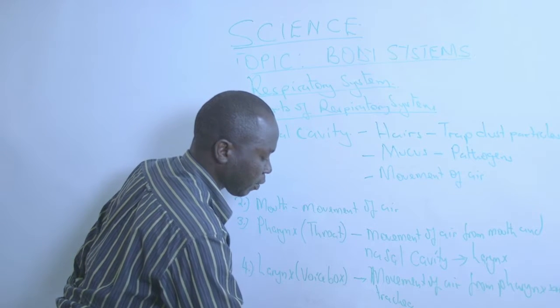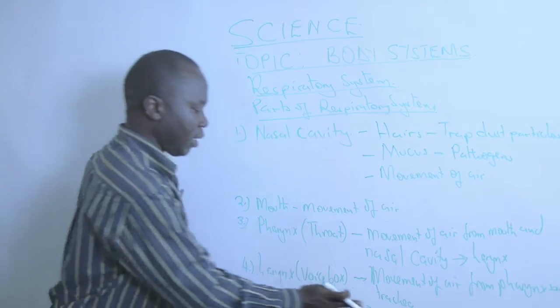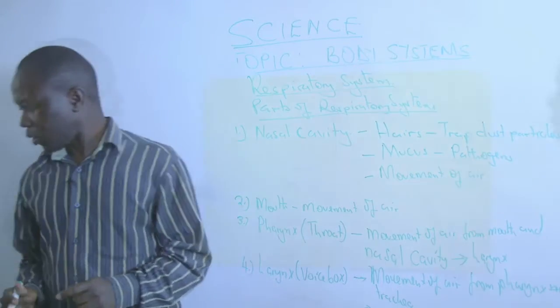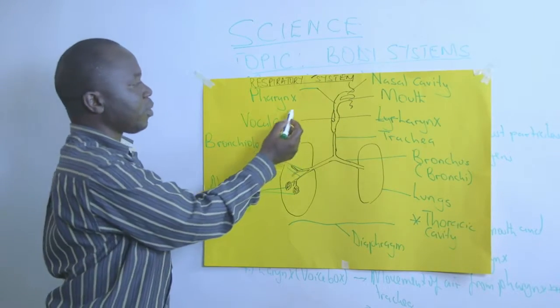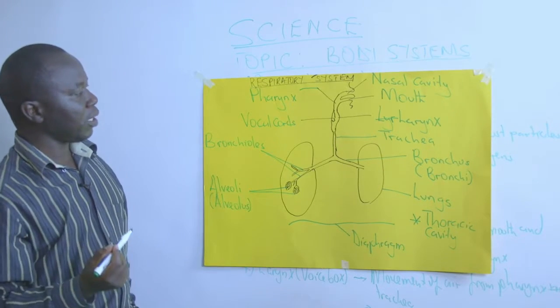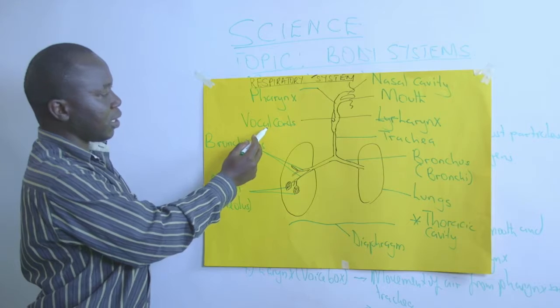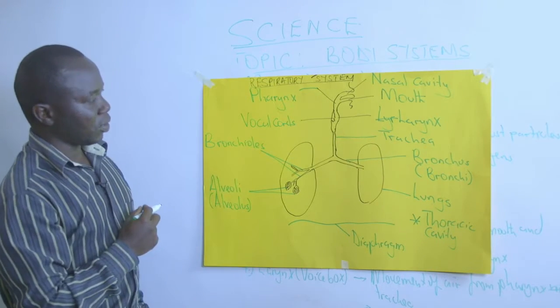That's not the only role, because the larynx has what you call the vocal cords. So this is the larynx. We are saying it allows movement of air from the pharynx into the trachea. But that's not the only role. Remember, we have also said that the larynx hosts the vocal cords.